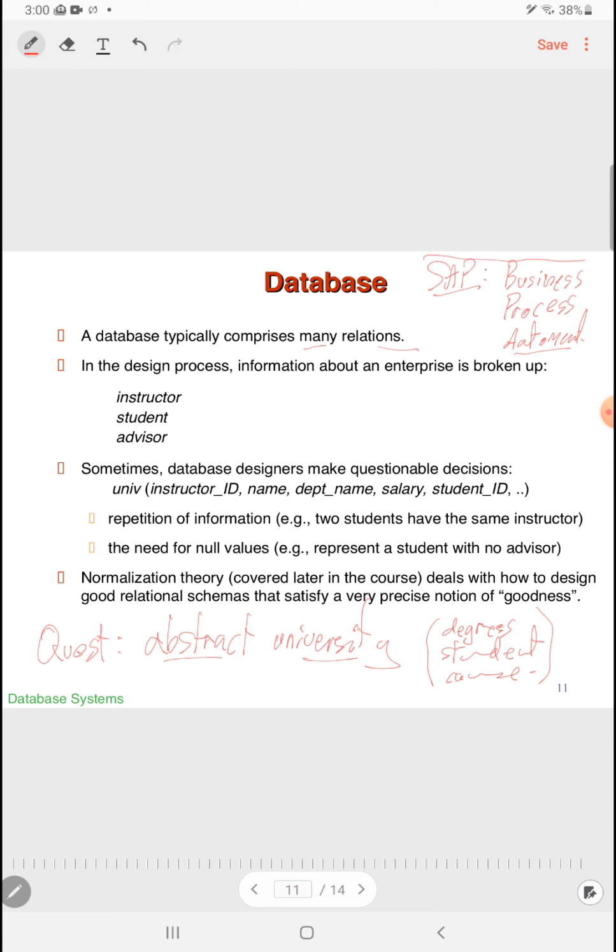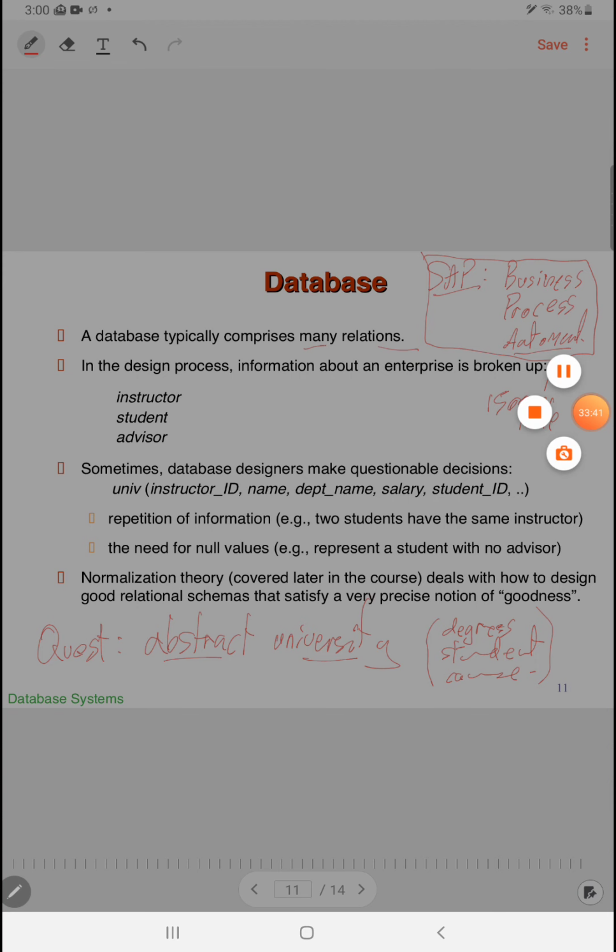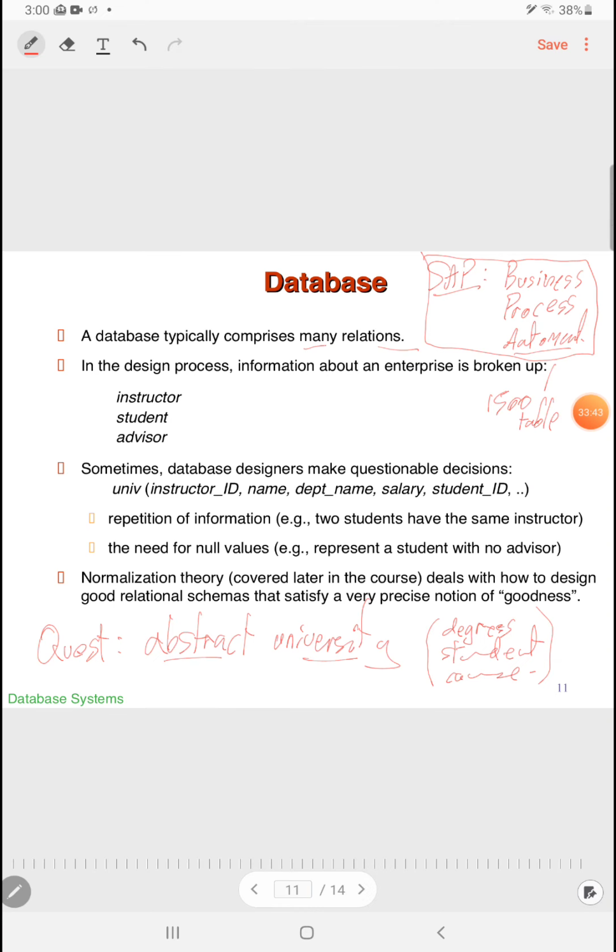So, this SAP had something on the order of 1,500 tables and relations the last I checked, okay? Whoops. So, not small, okay? So when this says many, don't think a dozen. Think thousands, okay?